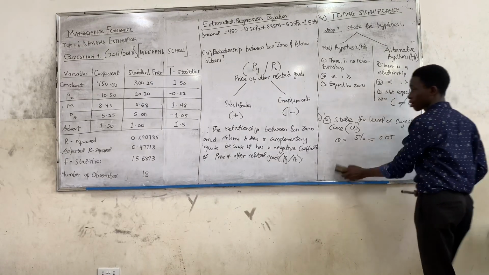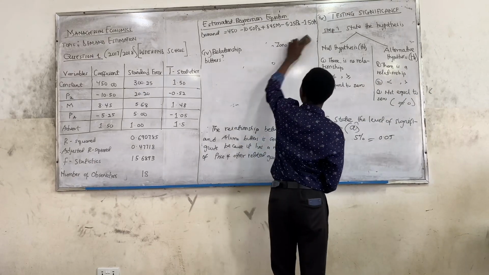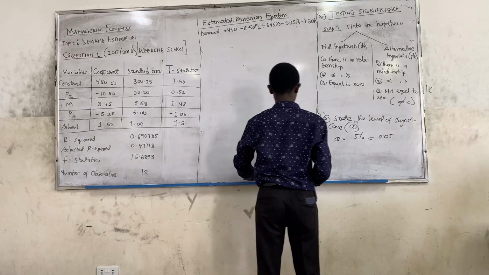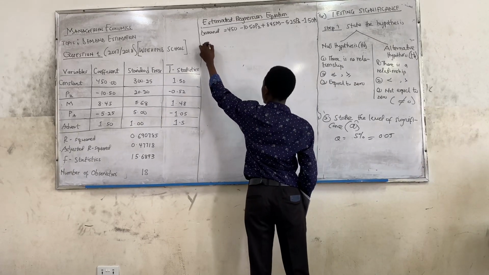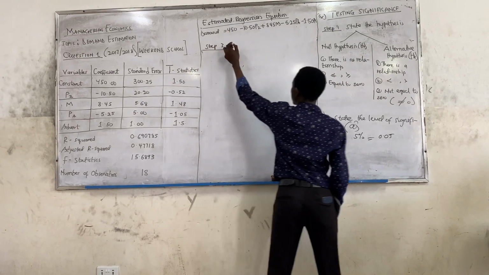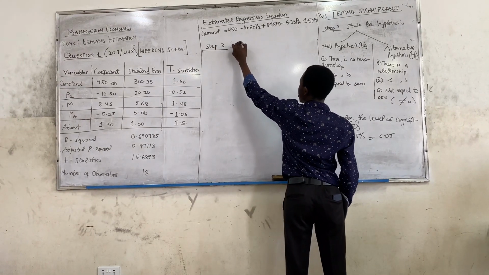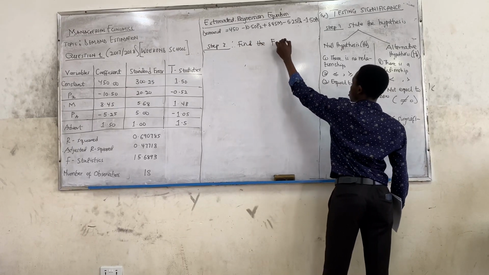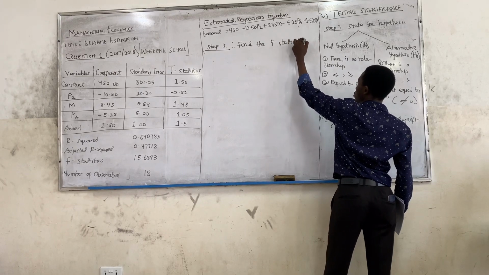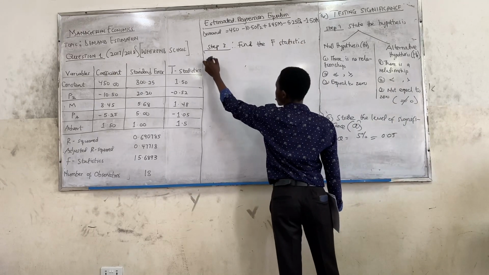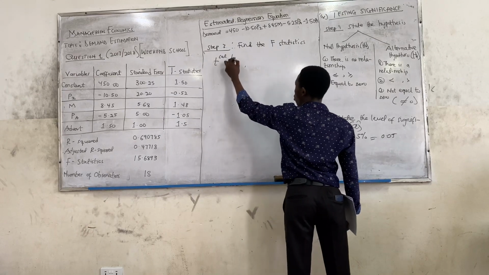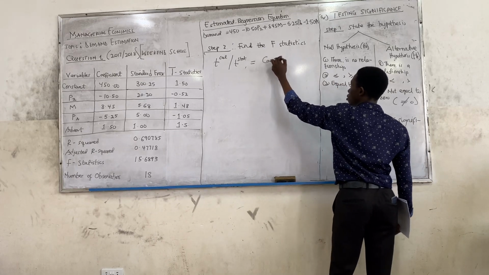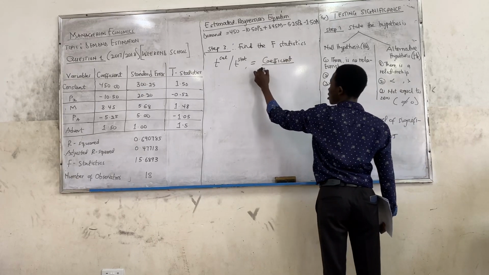So move on to step 3. Find the T statistic, which is either a T calc or a T stat, which is equal to your coefficient over your standard error.